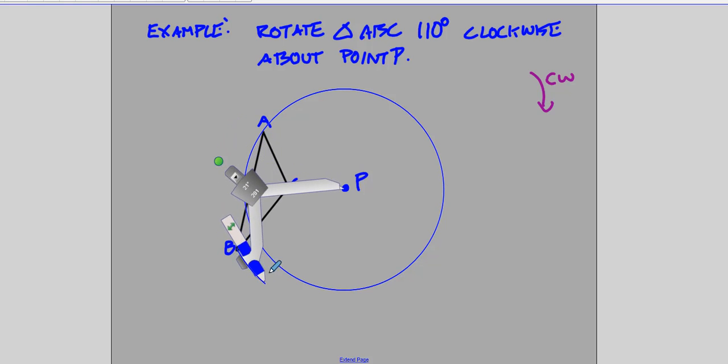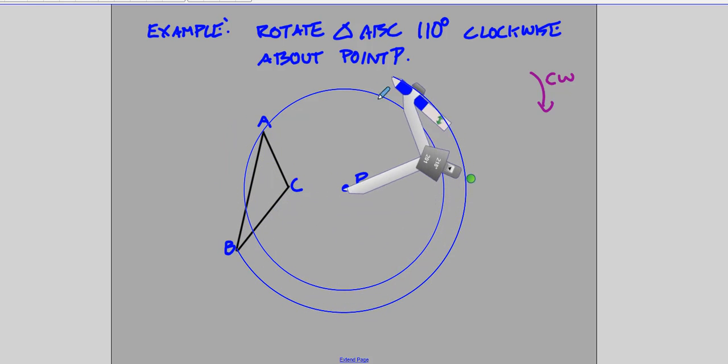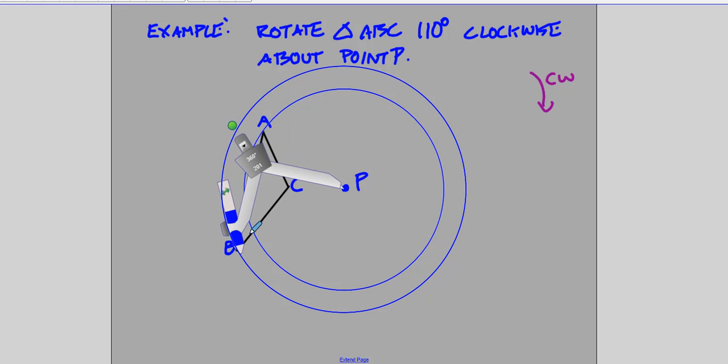Okay, so now we're going to do B. And then finally C, so I've got to bring it back in.